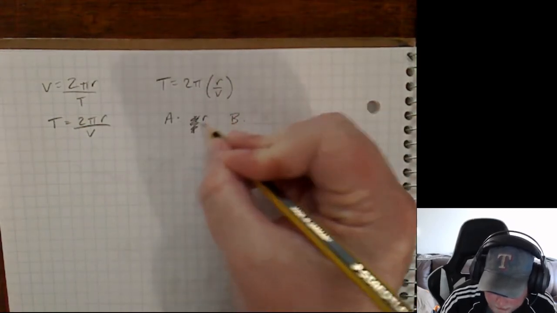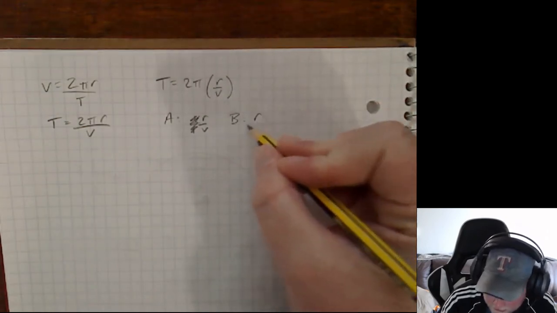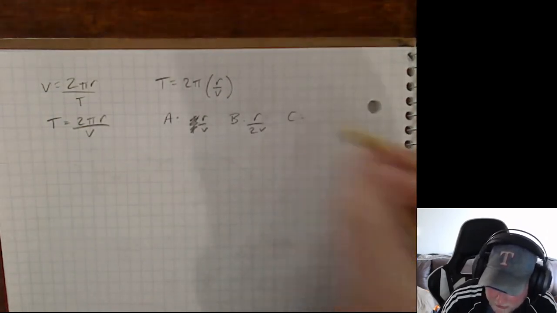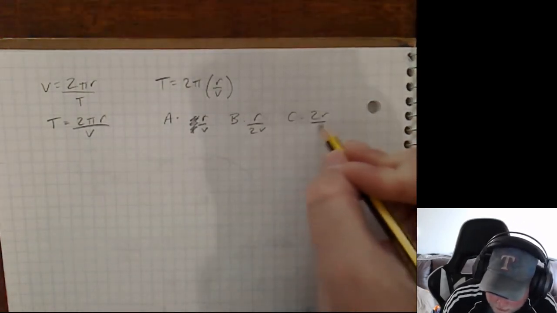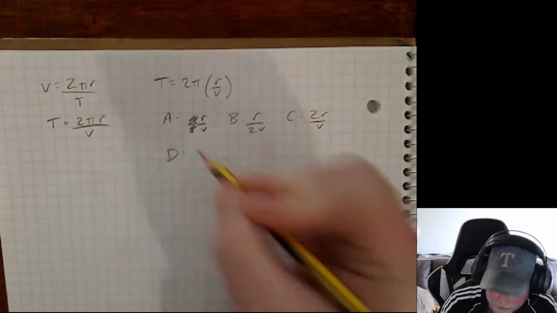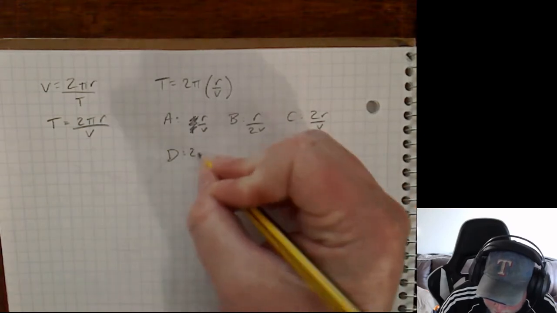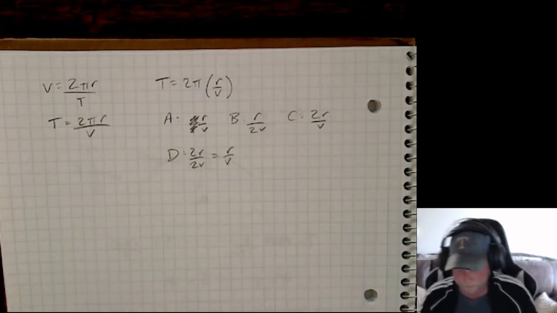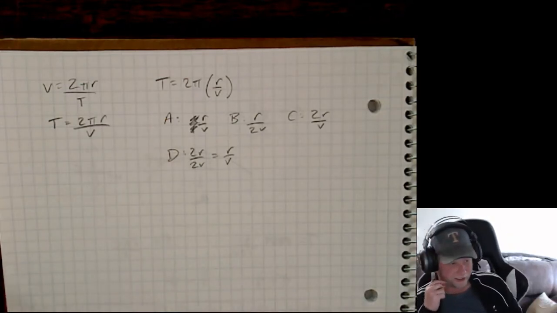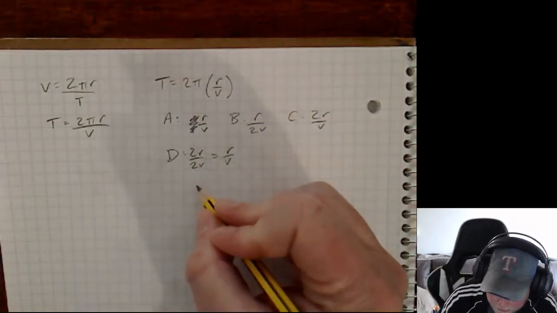A is R over V. B is R over 2V. C would be 2R over V. And D would be 2R over 2V, right, which is equal to R over V. So if we're ranking the periods from largest to smallest, well, C would be number 1.